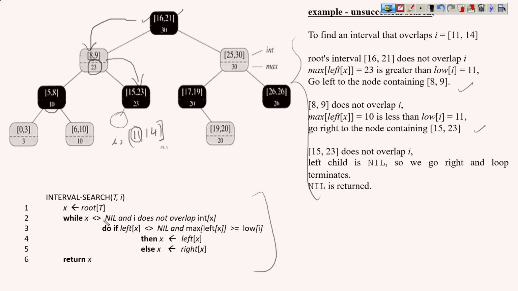If x is not equal to nil, then only you are going to compare with the max element. If x is nil, then definitely you are going to the right part. But the right part is also nil. That means there is no more node and no more interval, and you end up with the decision that this interval does not exist in the given interval tree.